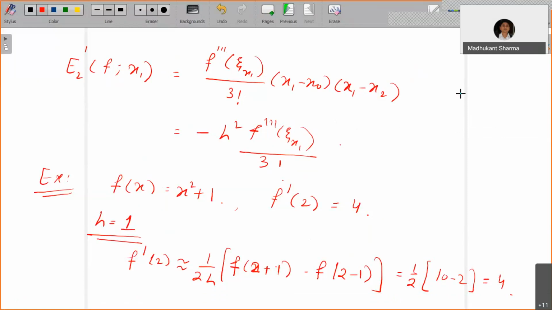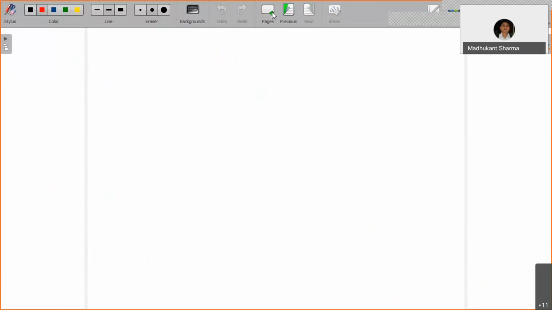So now let's see numerical integration. I hope during your calculus lectures it has been told that not every function has an antiderivative. You must have learned the fundamental theorem of integral calculus.